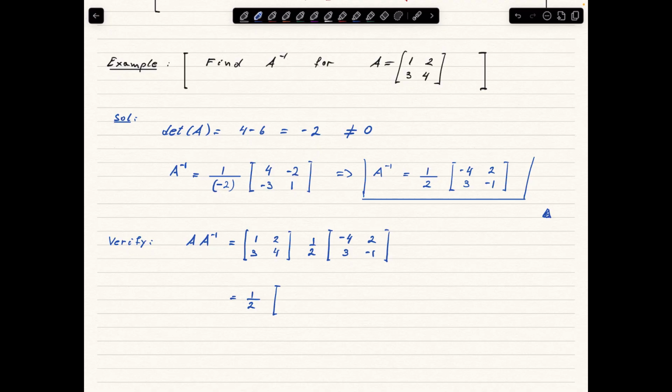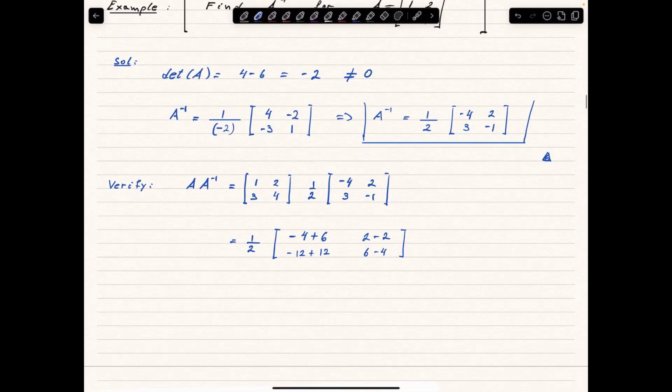And now we do the matrix multiplication, which is -4 plus 6. Okay, that was this column, this row, and now this column, this row, and you see what we get. We get -12 plus 12. And now if we do this column with that row, then we are going to get 2 minus 2. And finally, the second column, second row, we are going to get 6 minus 4. And there it is.